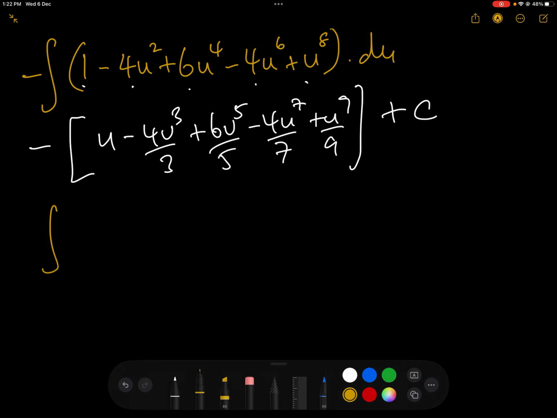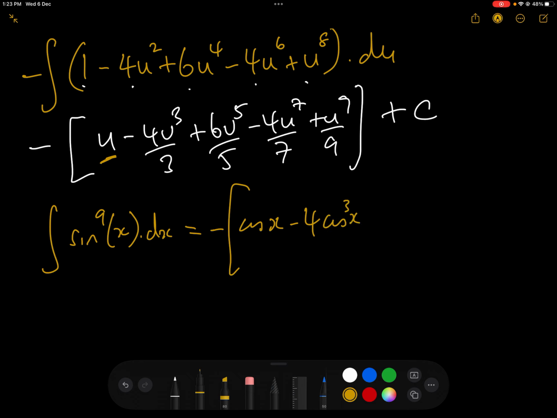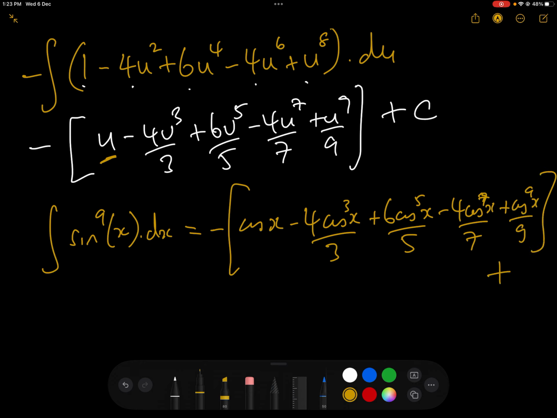The answer to the integral of sine to the 9 x dx is minus cos x, minus 4 cos cubed x over 3, add 6 cos to the 5 x over 5, minus 4 cos to the 7 x over 7, add cos to the 9 x over 9, add a constant of integration.